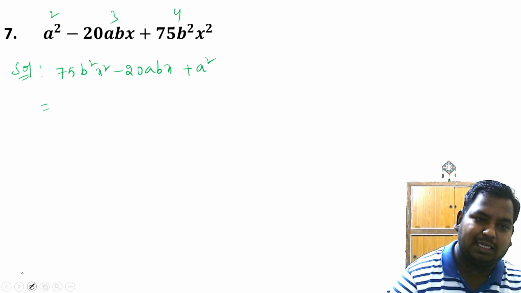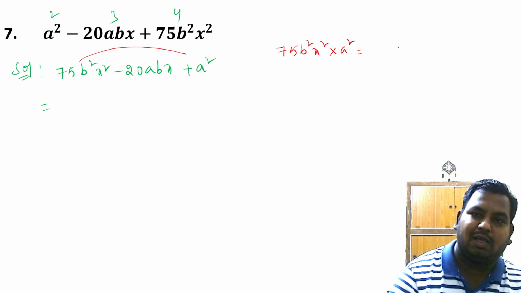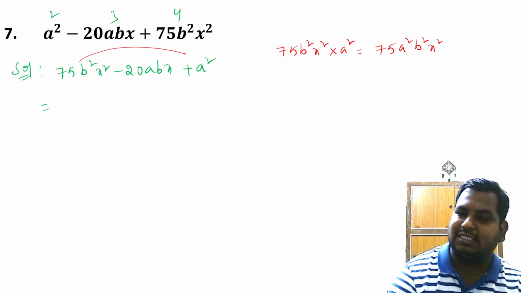What is the next step? We have to multiply the first term and the last term. First term is 75 b square x square. Last term is a square. Product of these two is 75 a square b square x square. What is the third step?